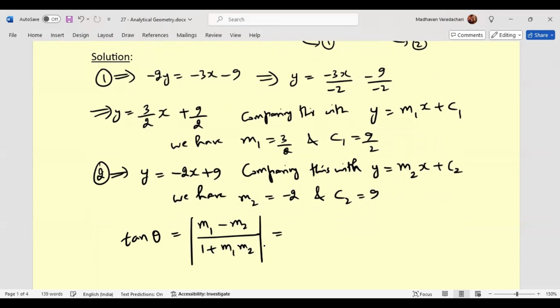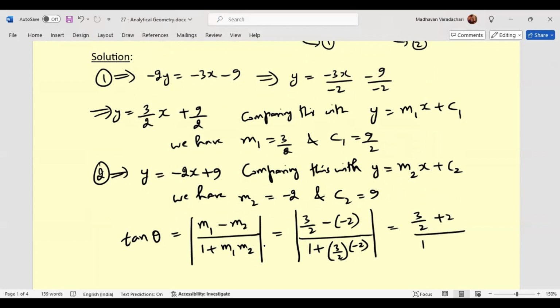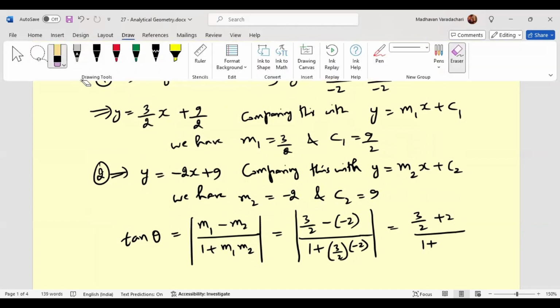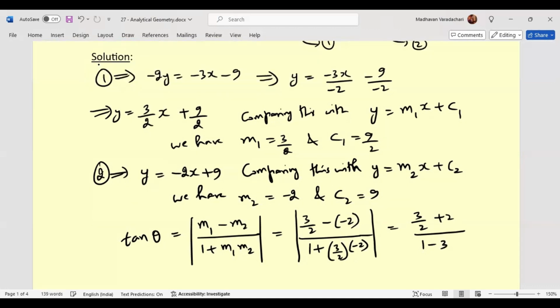So that will be m1 is 3 by 2 minus m2 is -2 divided by 1 plus 3 by 2 multiplied by -2 under modulus. That becomes 3 by 2 plus 2 divided by 1 plus, here it becomes minus now because of that -2 in that, 1 minus 3 it will become.